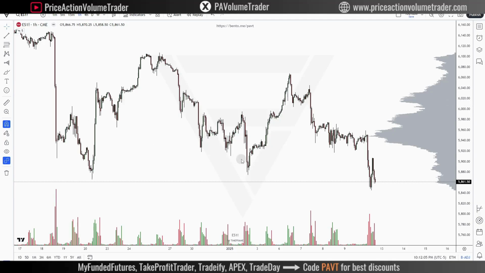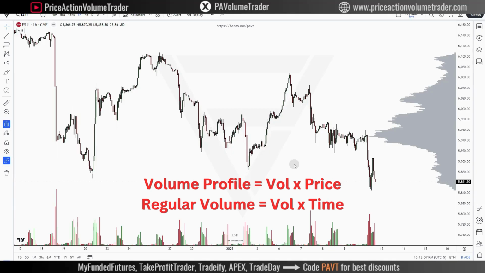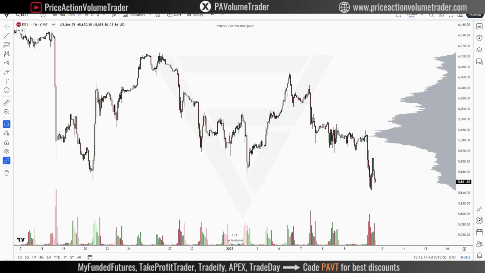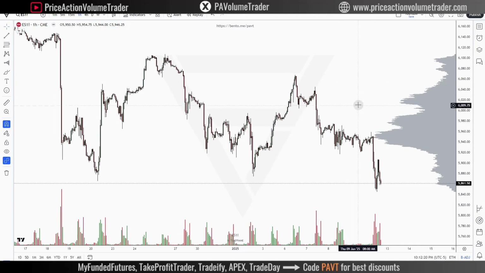Okay, so instead of volume by time, we're measuring volume by price. Okay, so now that we know the basic differences between the time and price volume, let's go and look at the different elements of a volume profile.